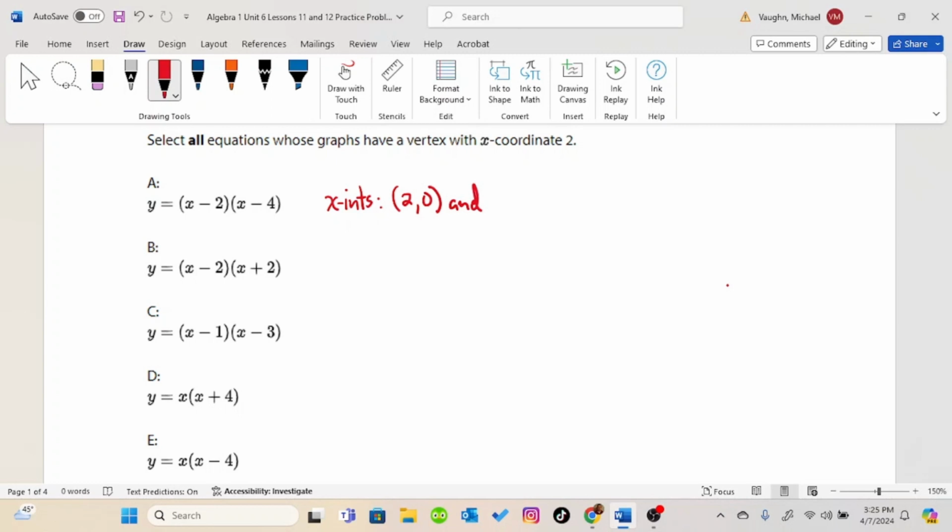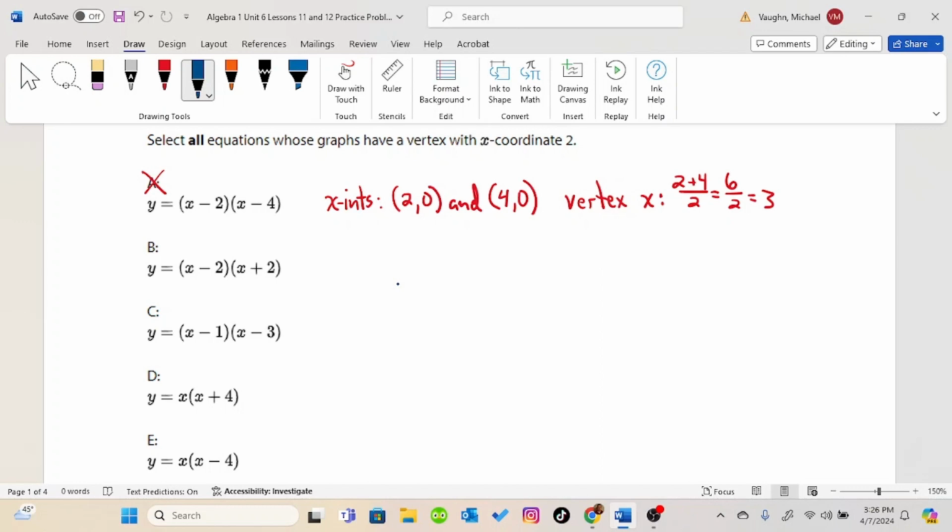Then we would need 4 because 4 minus 4 is 0. Then if we want the vertex x, it's halfway between 2 and 4, which is 3. And we want an x-coordinate of 2, so A is wrong.